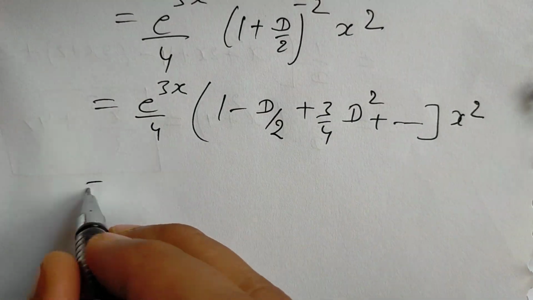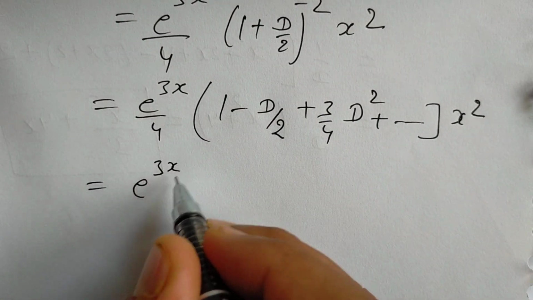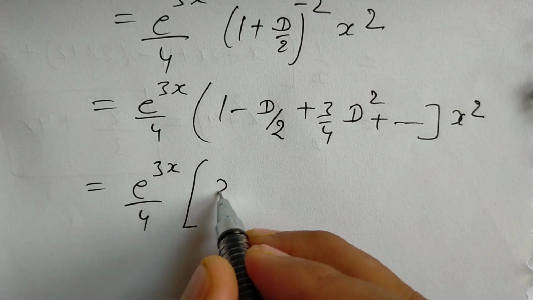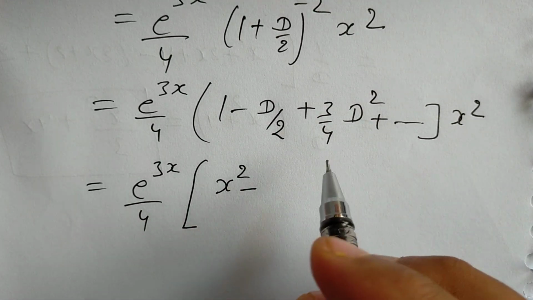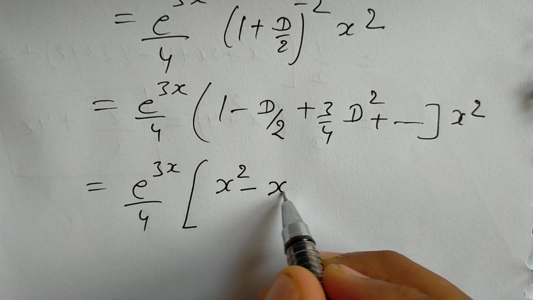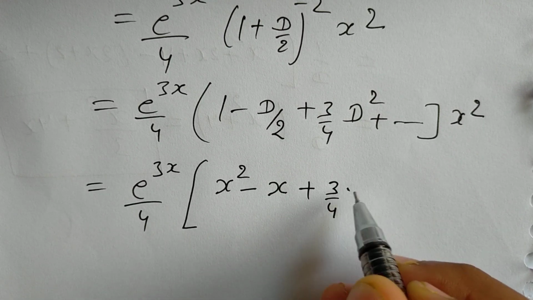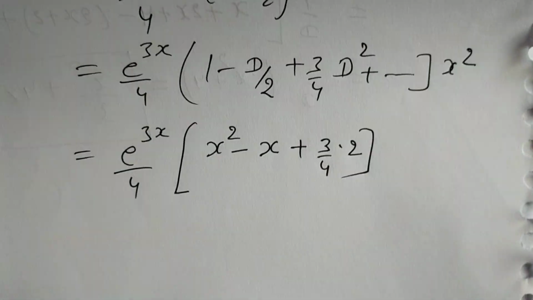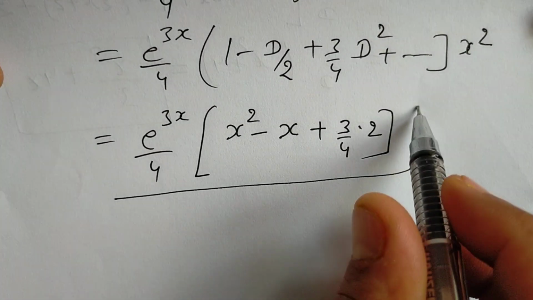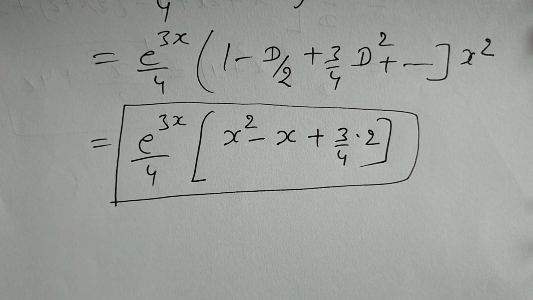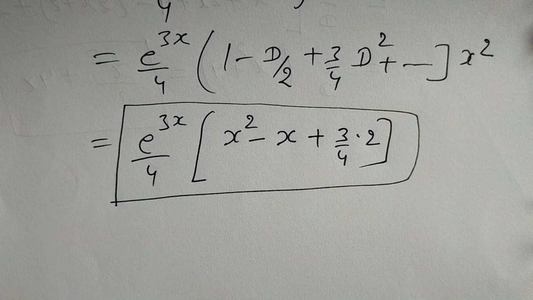Now simplify, so we get e power 3x by 4. The first term is x square, the second term is x, and the third term is 3 by 4 into 2. So this is your particular integral using the binomial expression.